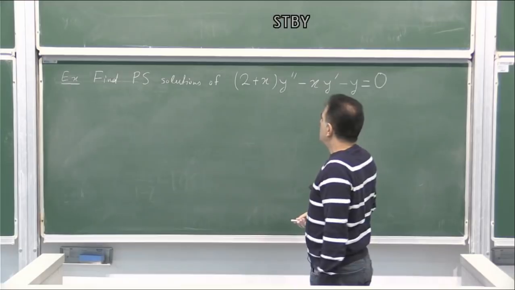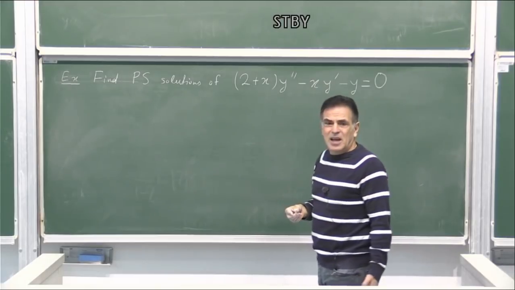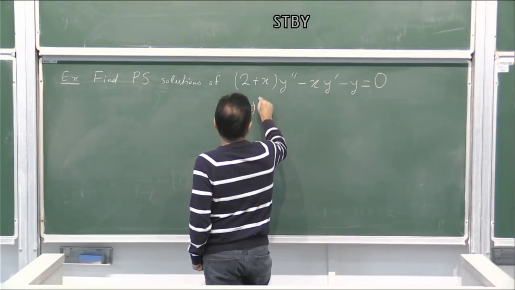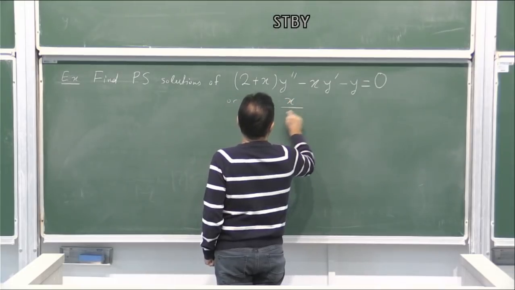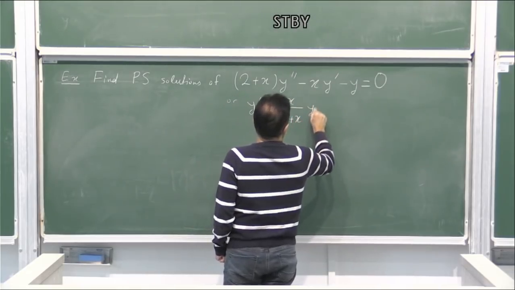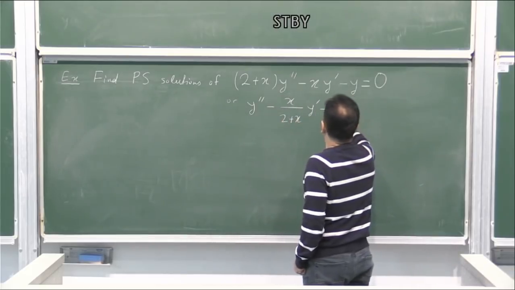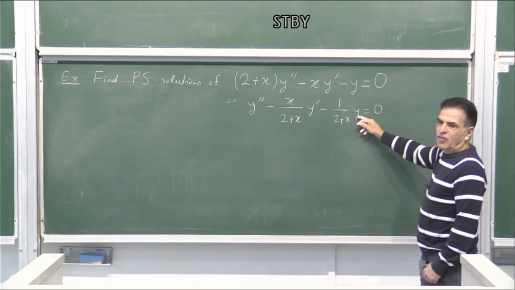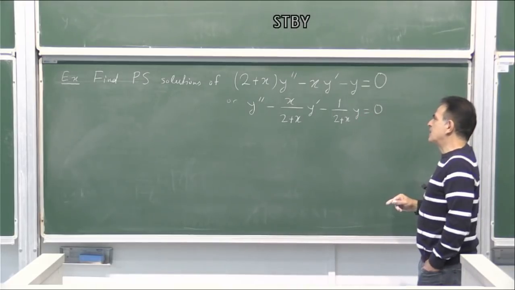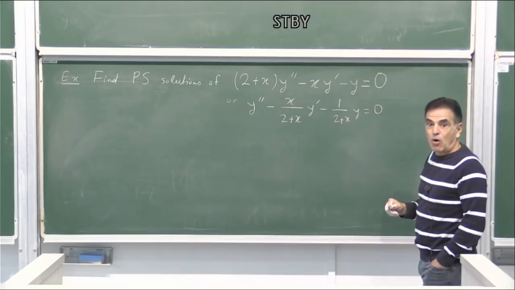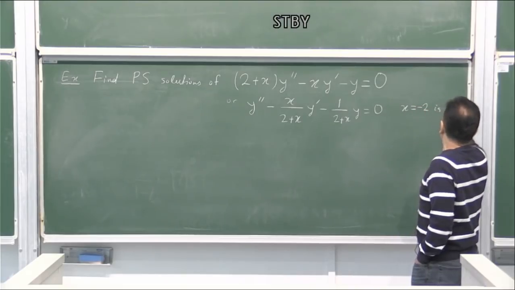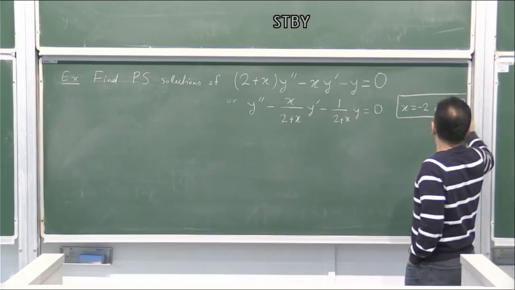Okay? So again, x equal to 0 is an ordinary point, isn't it? Or it is better to write the equation in that form, y double prime plus x over 2 plus x y prime minus 1 over 2 plus x y equal to 0. So writing this form makes the singular point more obvious. Okay? So x equal to -2 is a singular point. Good.